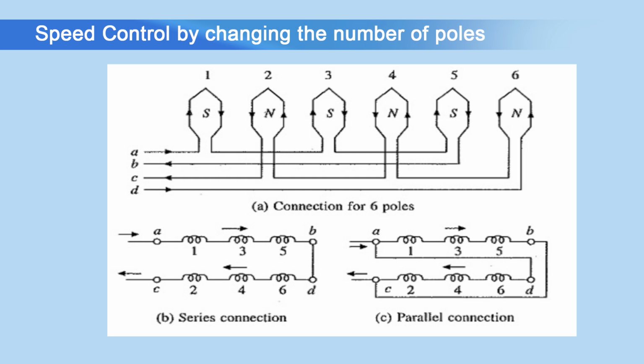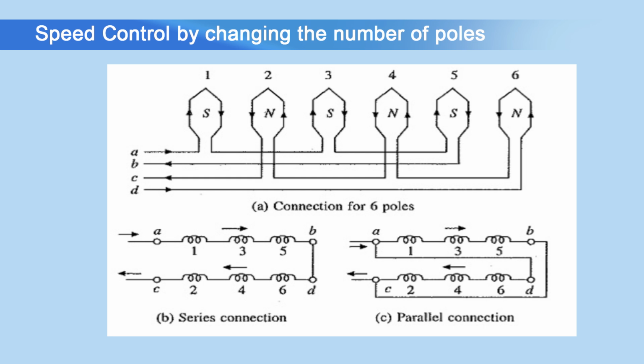So, finally, out of 4 terminals A, B, C, D, what we have done? We have connected B and D. Now, current is entering from A, passing through coil number 1, 3 and 5, then entering from D. So, 6, 4 and 2, and finally from point C it is coming out. This is the series connection.